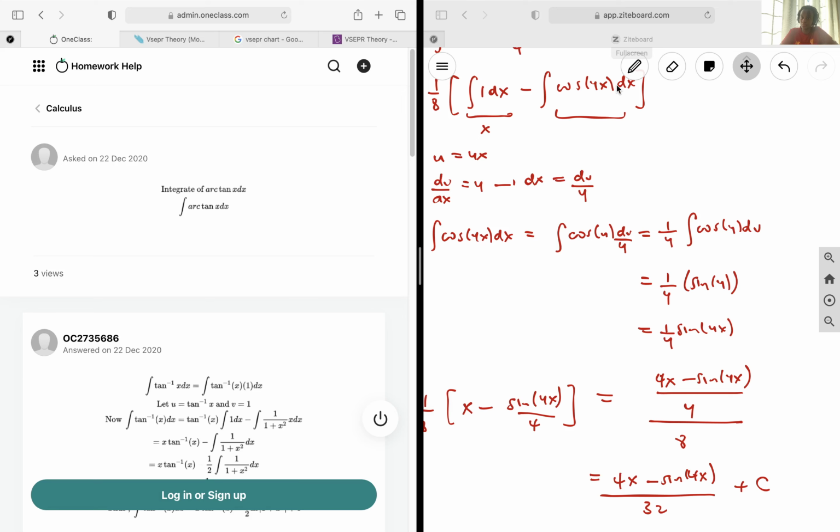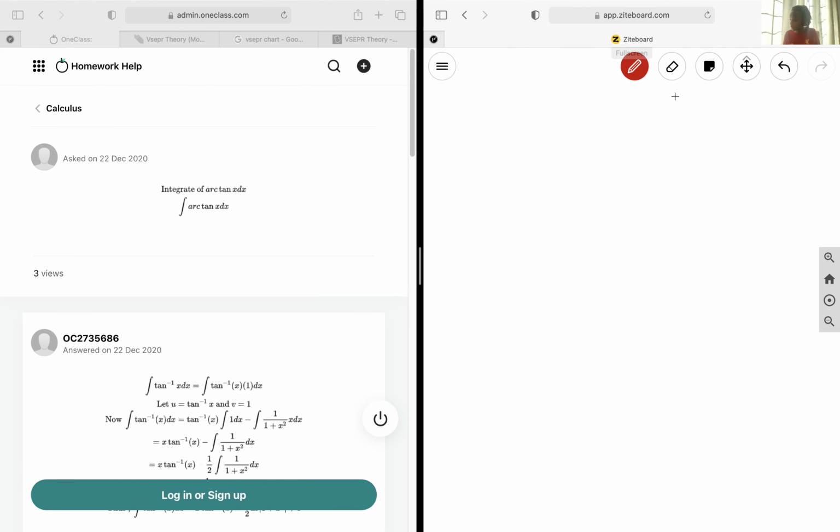Okay, so next up we want to find the integral of arctan x dx.